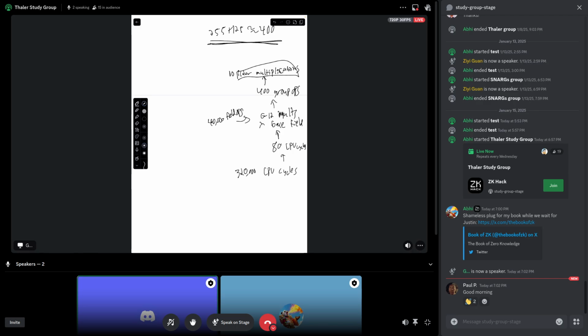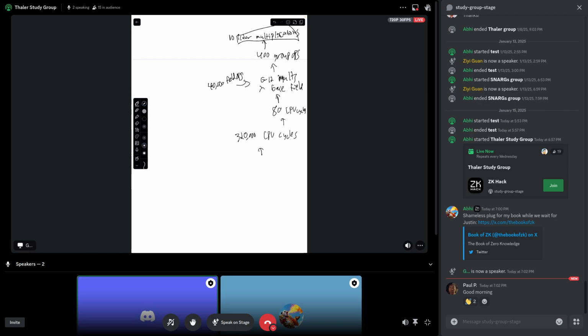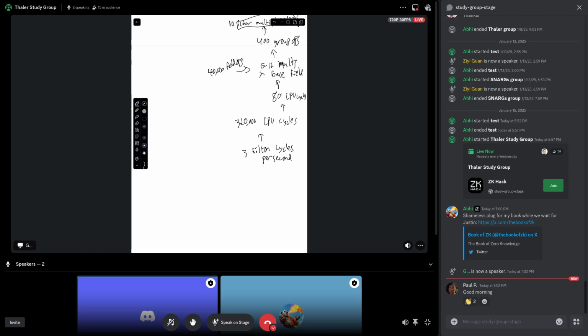And when I translate that to CPU runtime, there's like 3 billion clock cycles per second, which is 300,000 times 10,000. Well, times 1,000 would be 300 million, right? So I guess it's times 10,000.